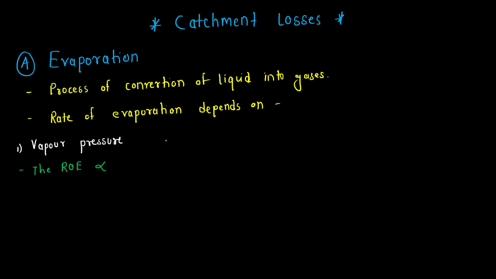The rate of evaporation is proportional to the difference between saturation vapor pressure, denoted by EW, and actual vapor pressure.